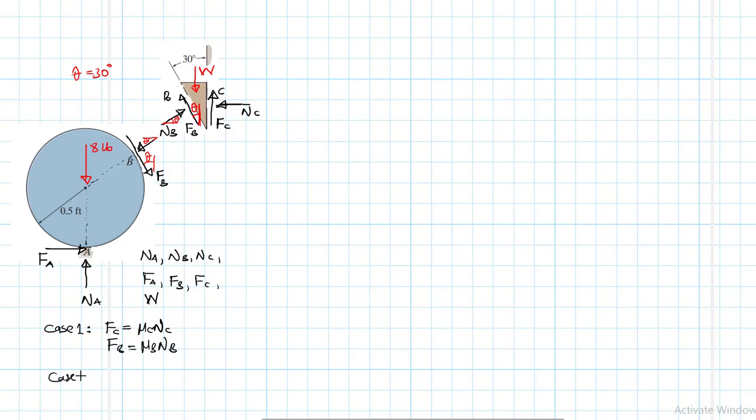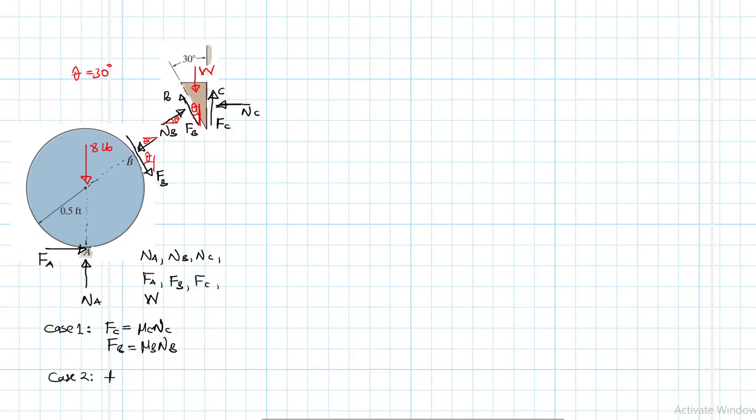Case 2, we can assume that, like I said, we need 2 equations. So we need to try case by case. We only have 3 possible combinations here, right? Of course, the order doesn't matter, so we only have 3 possible combinations. Hence, we have 3 cases.